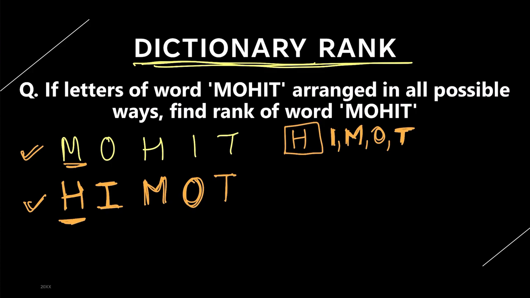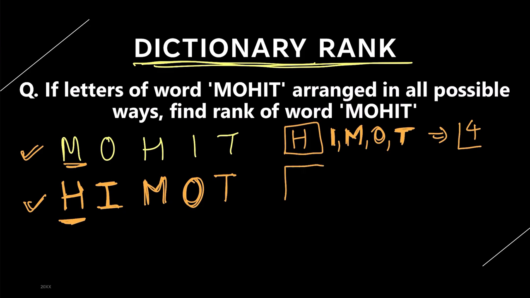How many words can I make? Factorial 4, this is what we have learned, right? H is fixed, and I, M, O, T are the letters I can use. So HIMOT, HIMTO, HIOTM, and so on. So 4 factorial is the number of words I can make.